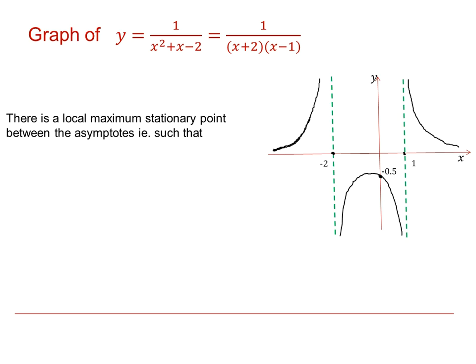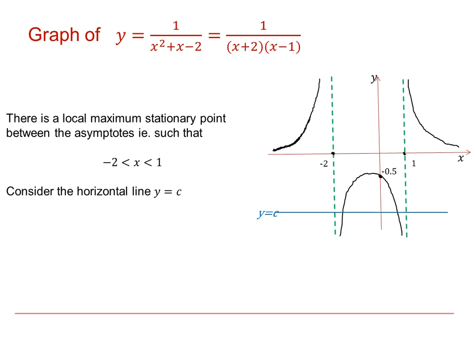But the question now is, can we find where that stationary point is, where the maximum point is? What we can do is to consider a straight line y is equal to c. Between those two asymptotes, if we draw in the line y equals c, then you can see that at this point here it crosses the graph in two places.